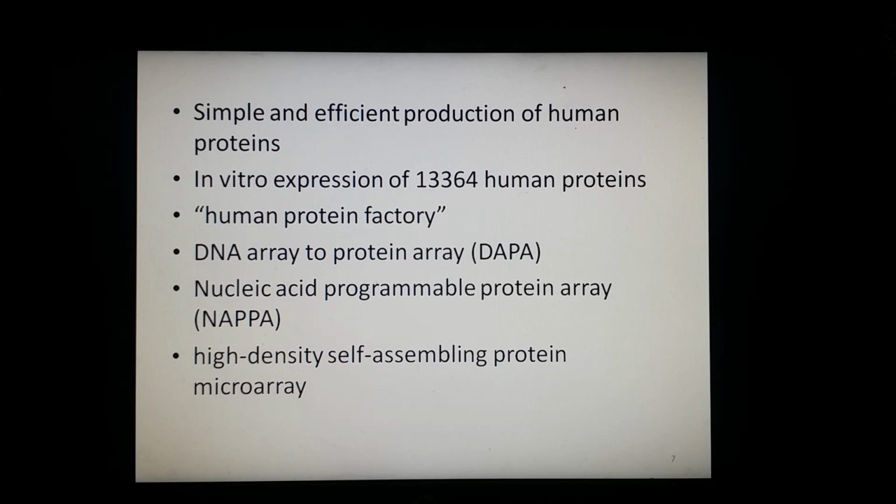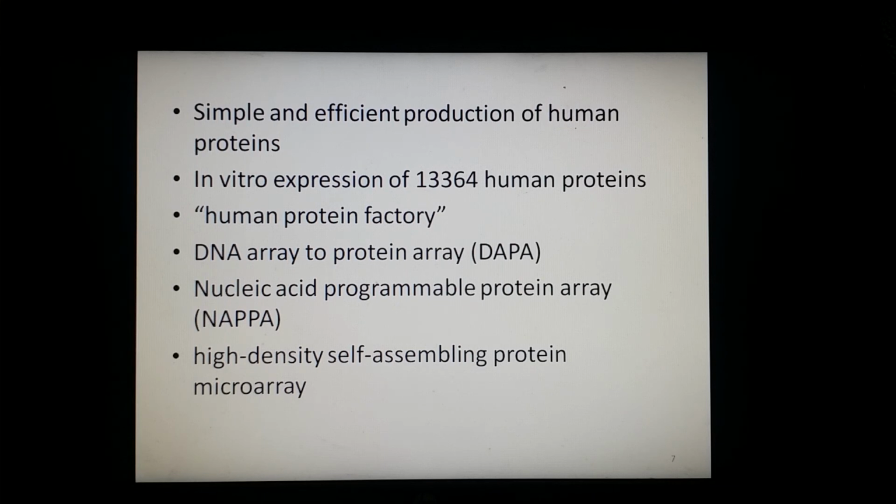In another approach, DNA array to protein array, abbreviated as DAPA, is utilized, which allows the printing of replicate protein arrays directly from a DNA array template using cell-free protein synthesis.